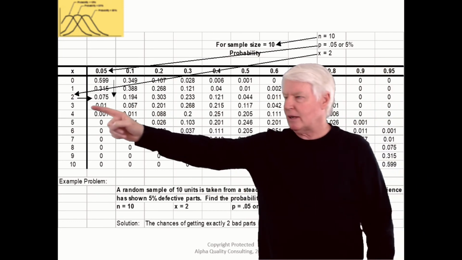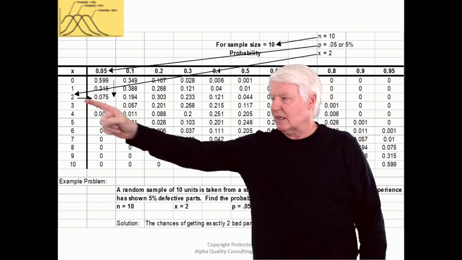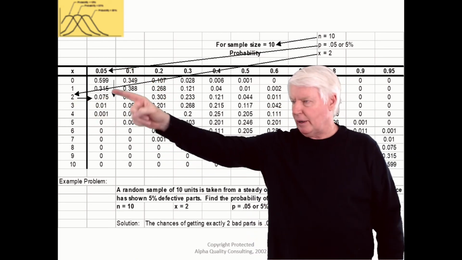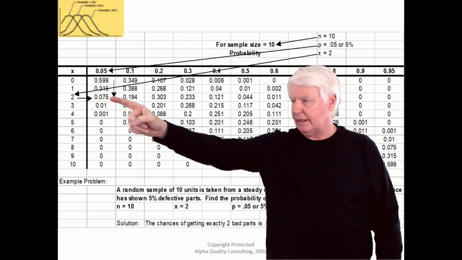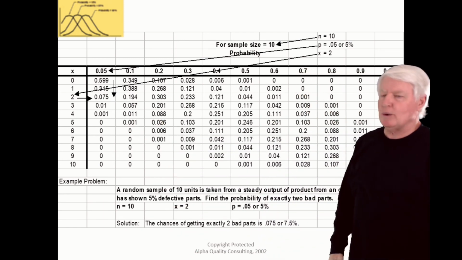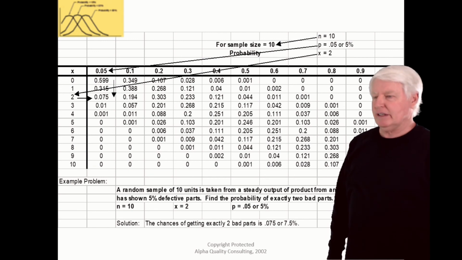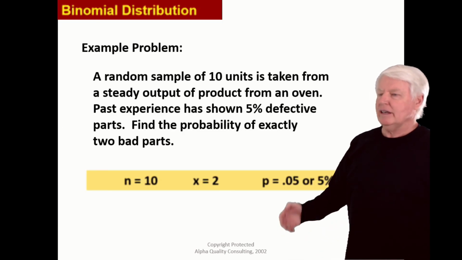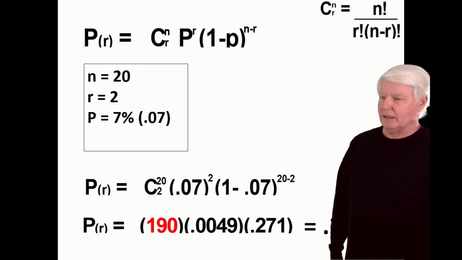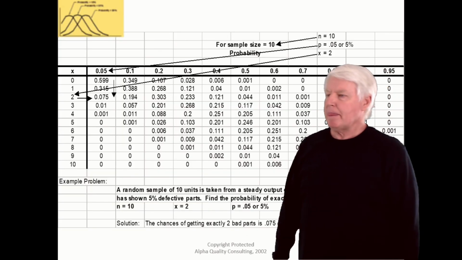Okay, and there's my x equals 2, where the number 2 row intersects the 0.05 column. That's my probability there, 7.5%. So using the table is pretty quick and easy, and I like using the tables. There's less likelihood of hitting the wrong button as you calculate that.